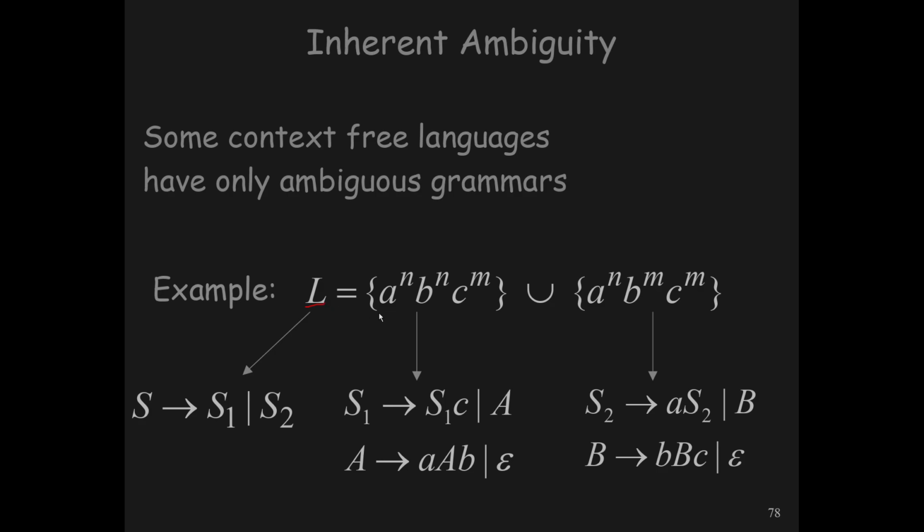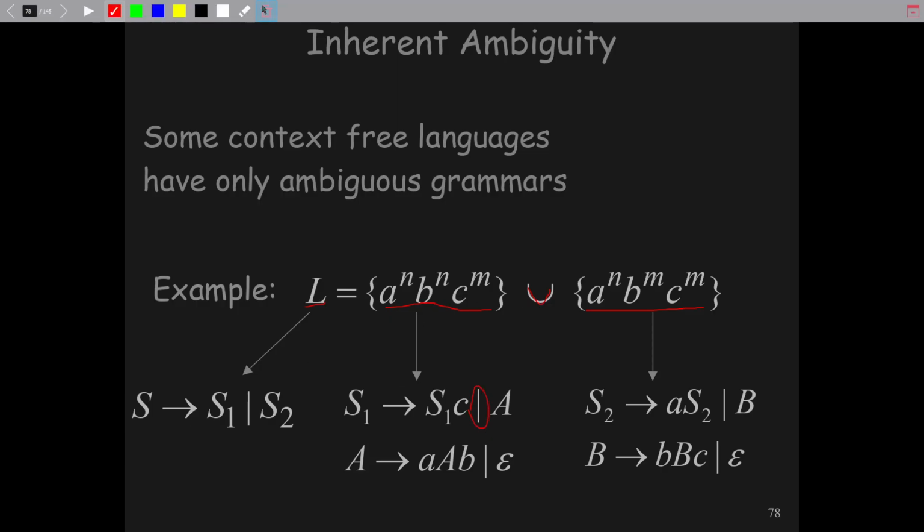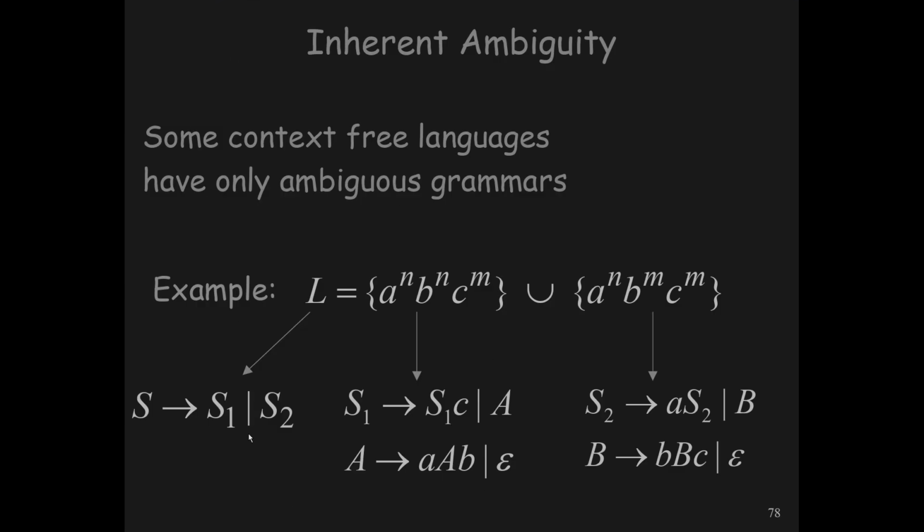So L is the union of a^n b^n c^m and a^n b^m c^m, where n and m are integers. For unions, usually you can use the pipe to describe them.